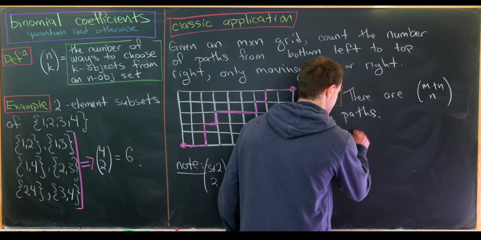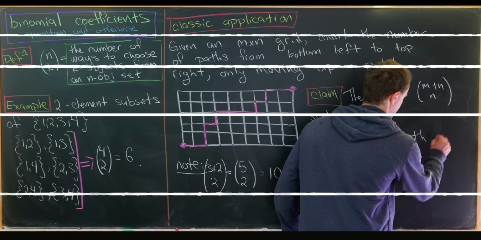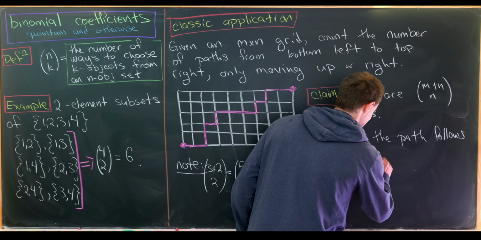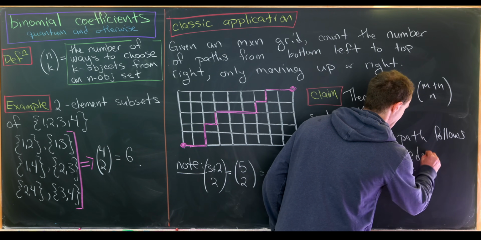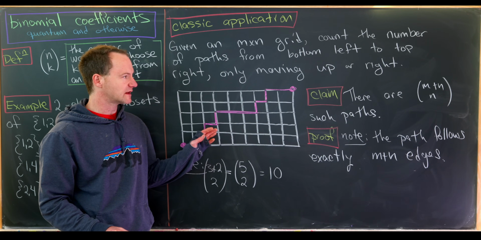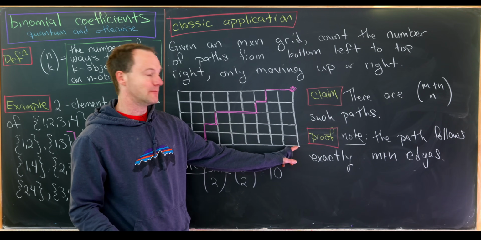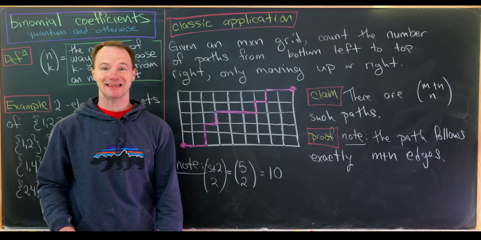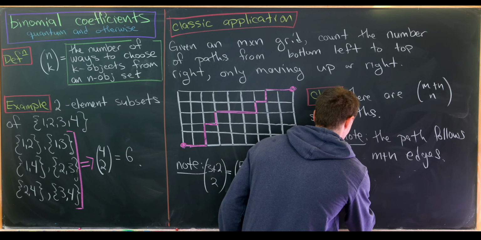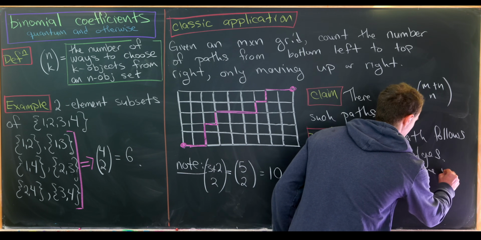So the first thing that we note is that the path follows exactly m plus n edges. And since we're only allowed to go right and we're only allowed to go up, we have to go right exactly m edges and up exactly n edges. So let's maybe put that. So m are to the right, and then n are up.